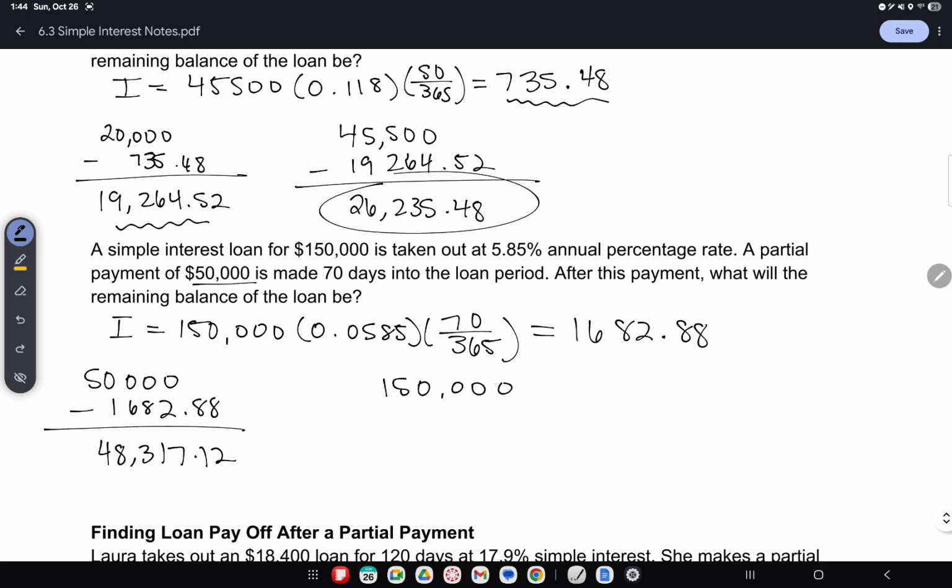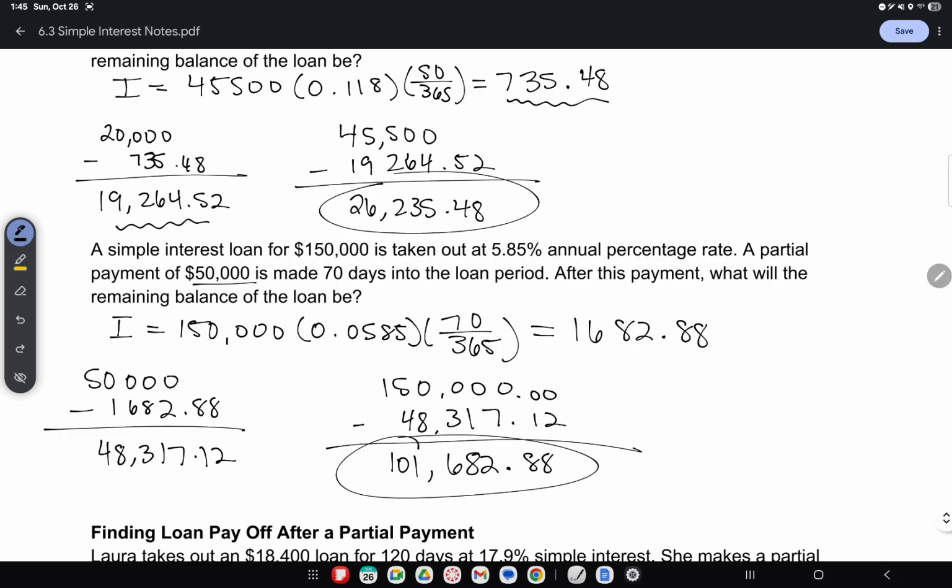So we'll take that $150,000 and subtract off the $48,317.12, for a total of $101,682.88 left to be paying off that loan.